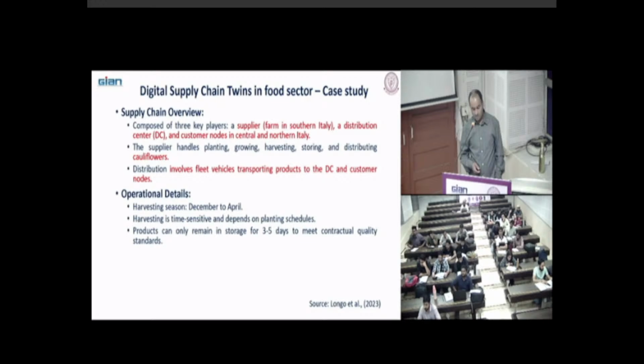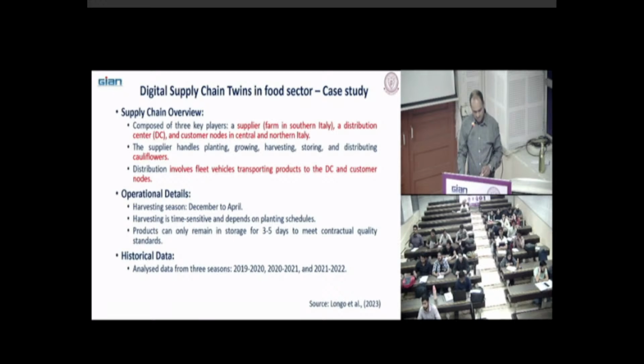Products can only remain in storage for 3 to 5 days because of the perishable nature of the product, to meet the contractual quality standards. You cannot keep the product more than 3 to 5 days, max 5 days. Historical data is available. They haven't given the historical data in the case paper, but they analyzed the data from the 3 seasons, 2019-20, 2020-21, 2021-22.